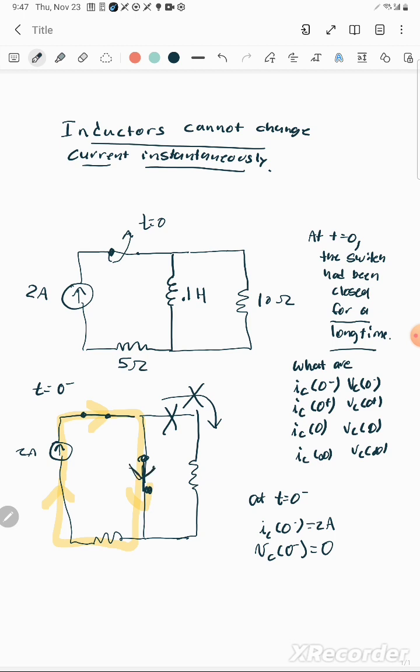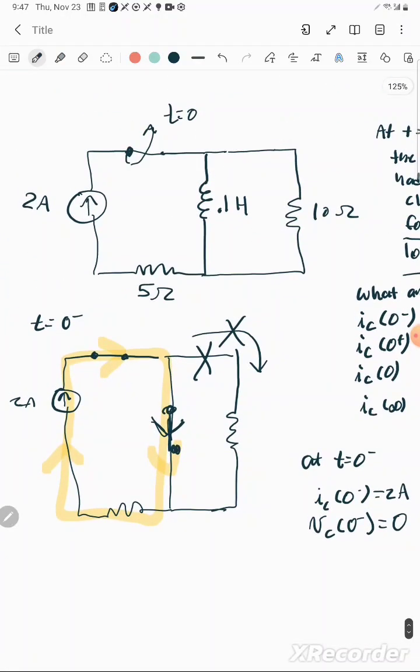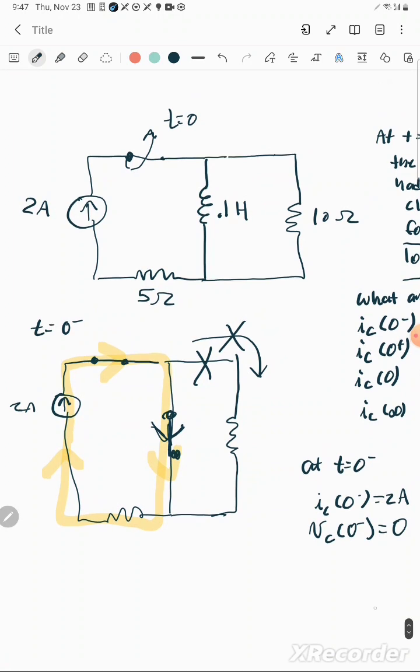That's the direction that it is. It cannot change instantaneously, so IC of 0 also has to be 2 amps. Okay, so now let's look at 0 plus.